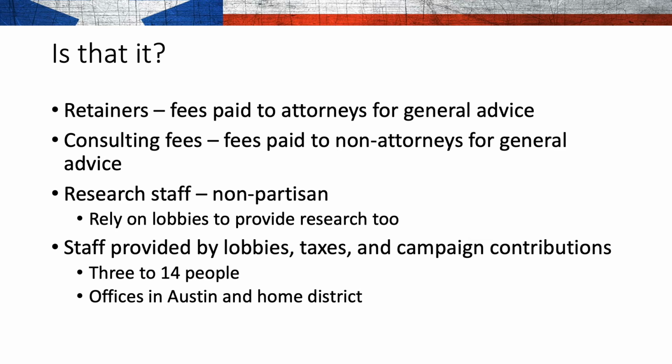Then somebody may want to say, here's all this research about how great athletics are or how terrible they are, to try to persuade the legislator to vote a certain way. There is a staff that is provided by lobbies, taxes, and campaign contributions.